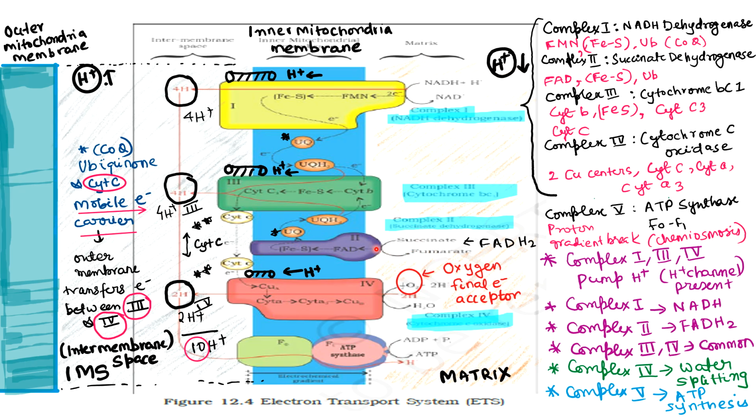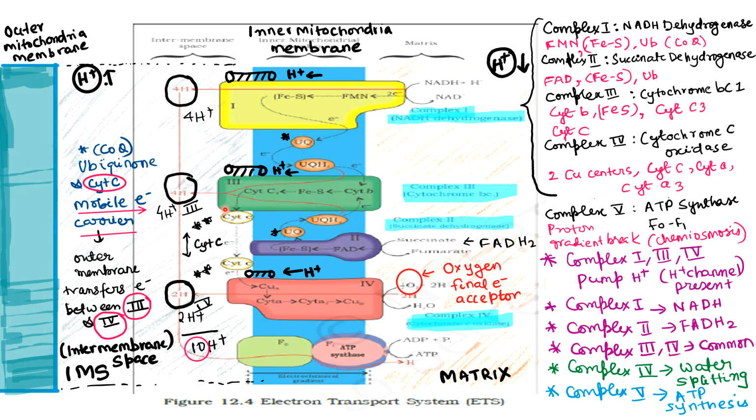I already told you what accepts the electrons from FADH2. It is complex 2. Complex 2 accepts the electrons from FADH2 and FAD becomes oxidized, and it passes on its electrons to the iron sulfur center, which further passes them on to ubiquinone, reducing it. This reduced ubiquinone passes its electrons to cytochrome B, FeS, cytochrome C1.